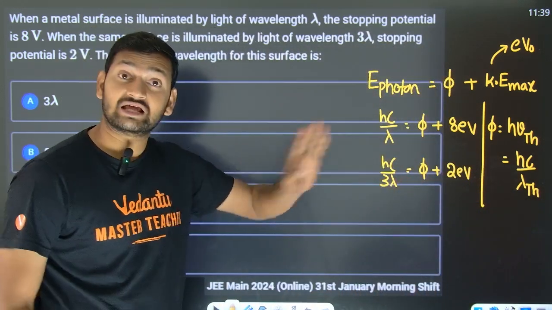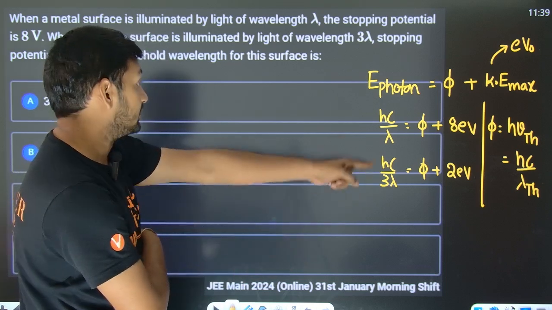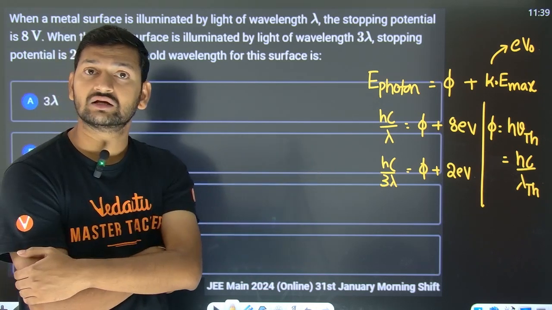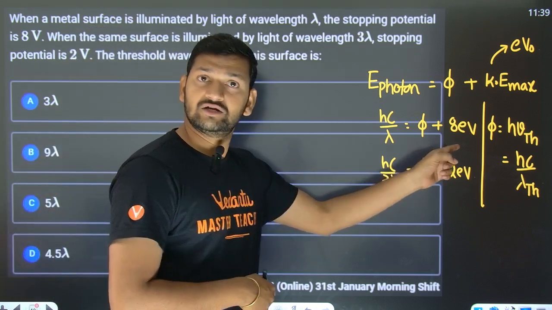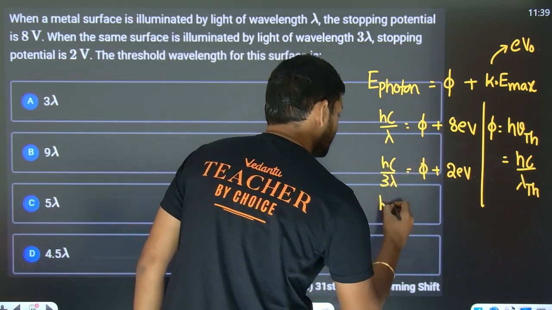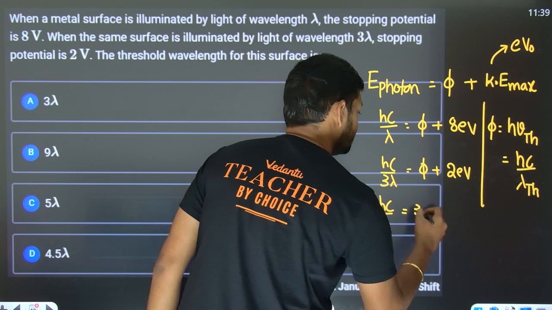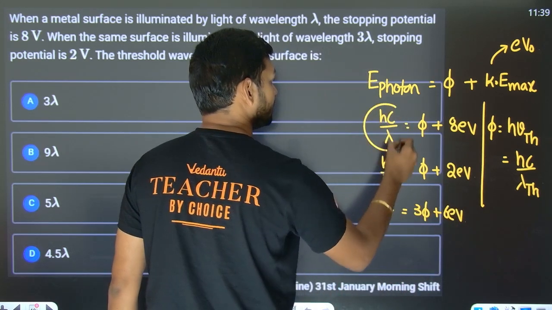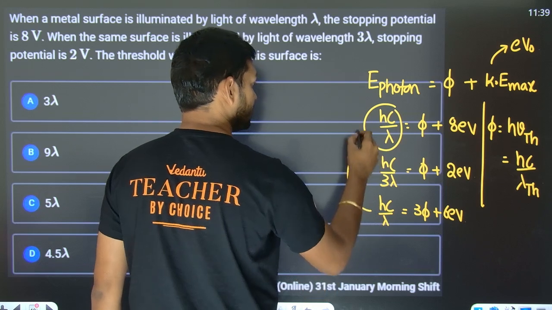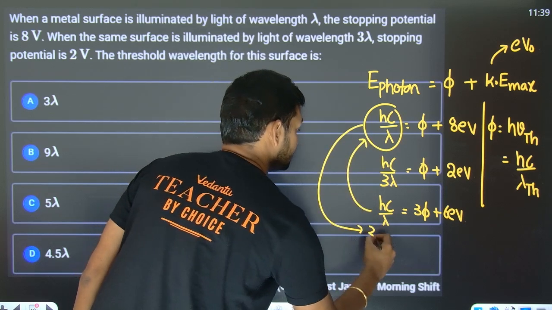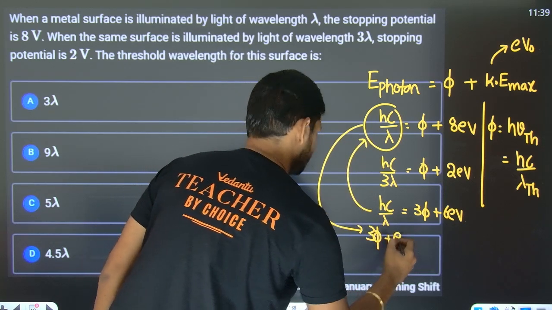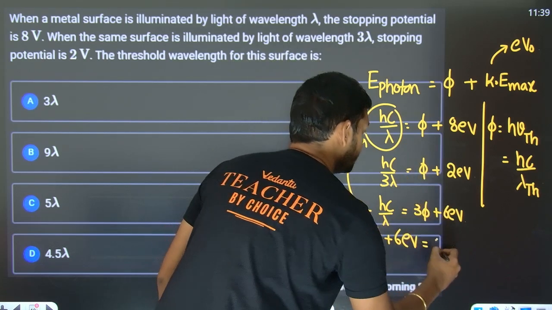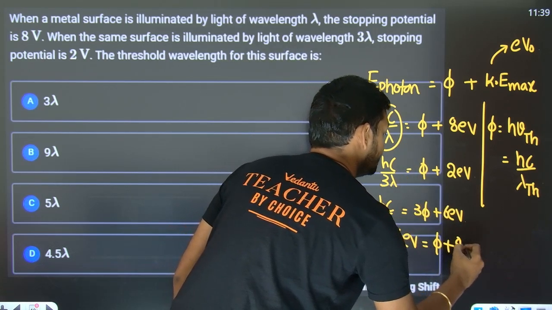So from this, can we calculate the phi value? Easily we can do that. So you multiply this 3 to this side, then what will happen? The hc by lambda is going to be 3 phi plus 6 eV. So from here, you put this over here, then you get it to be what? 3 phi plus 6 eV plus 6 eV is equal to what? phi plus 8 eV.